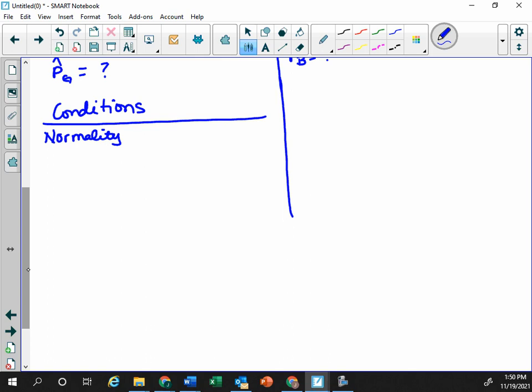Since we have these two different populations, we have to make sure we label it. So N sub G times P sub G, which would be our sample size of 45 times our proportion of 0.75. That comes out to 33.75. Definitely more than 5.